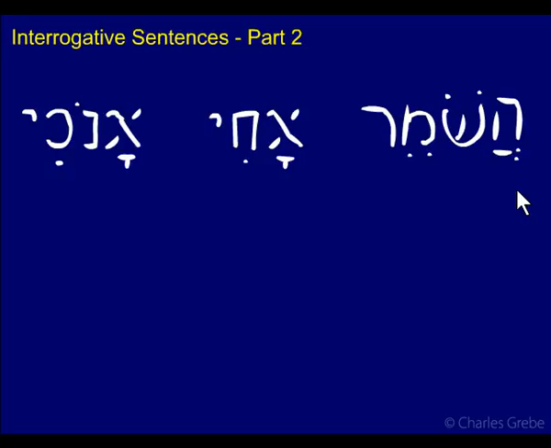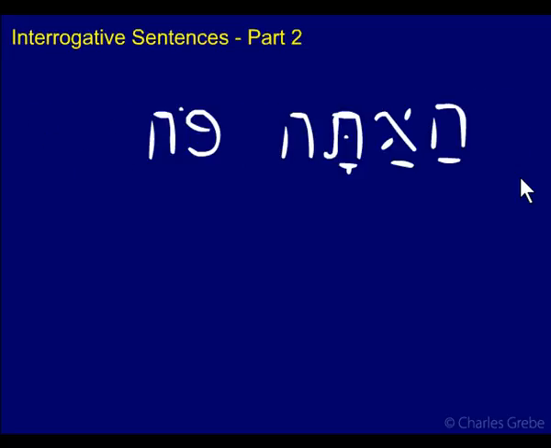Okay, now I said briefly before that this vowel can sometimes change, which makes the interrogative hey start to look like the article, and there can be some confusion there. Here's an example. Ha'ata, fo. Ata is you, masculine, singular, and fo is here, and this is a question, are you here? And you see here that this has changed from the chataf patach to a patach.